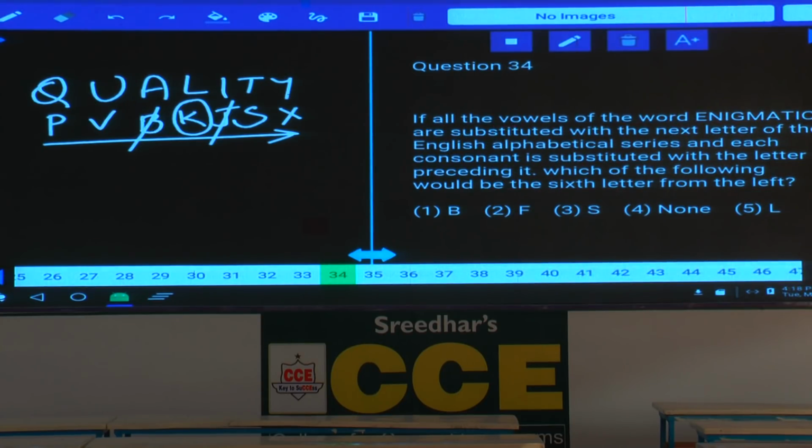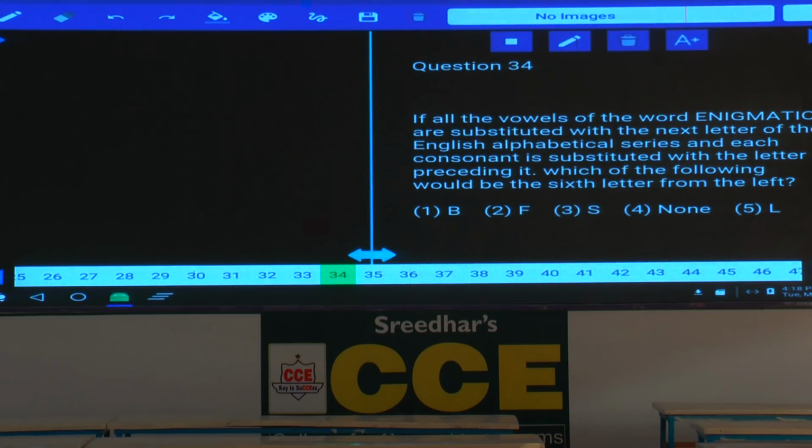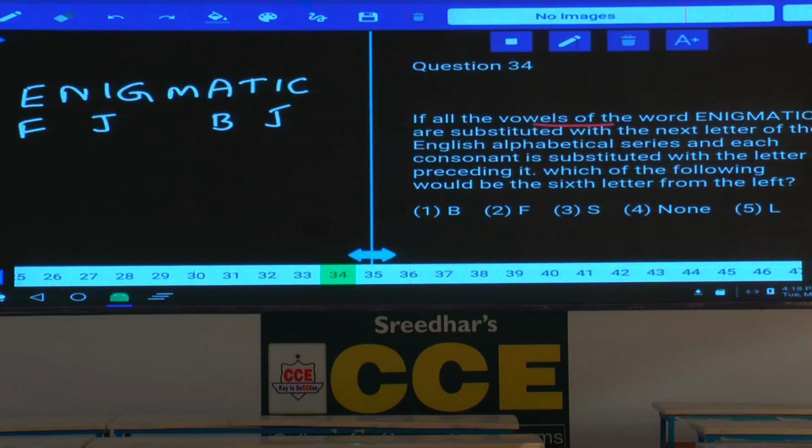Then 34, if all the vowels of the word enigmatic, E N I G M A T I C, are substituted with the next letter, vowel next letter F, I J, and A B, and each consonant is substituted with the previous letter.